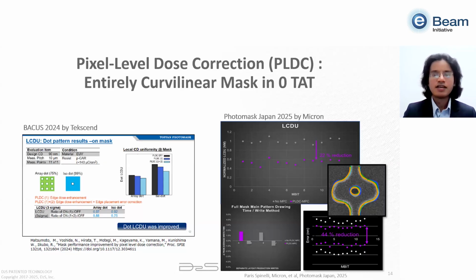So what they did is they did a run with PLDC on and with no PLDC. And what they found is that the overall runtime change was negligible. So this truly demonstrates how entirely curvilinear mask is done in zero added turnaround time when using PLDC.